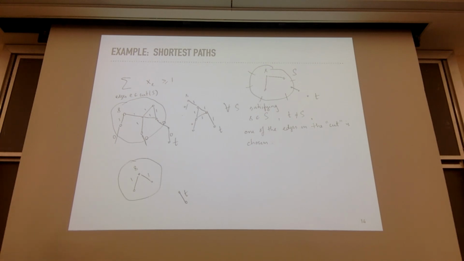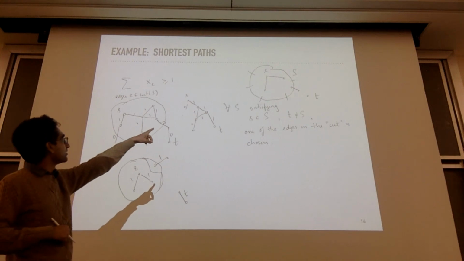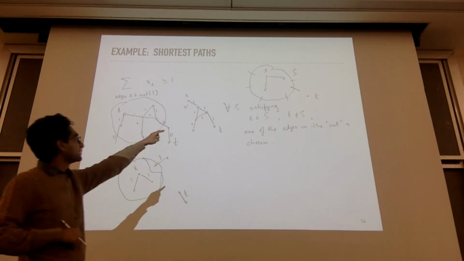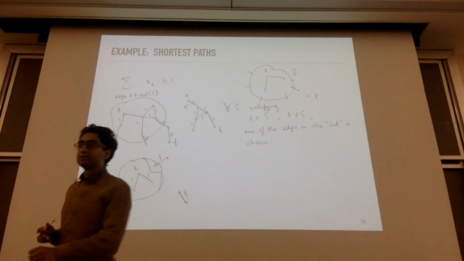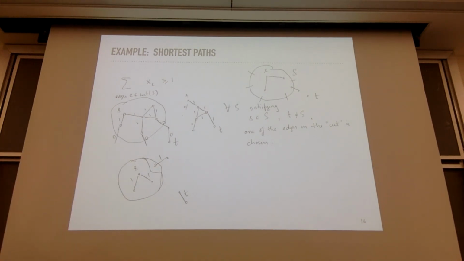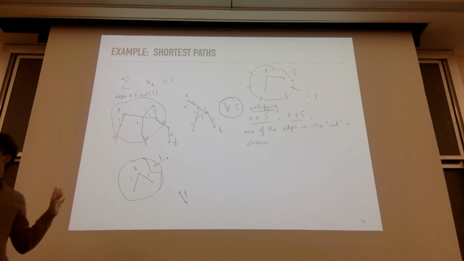And maybe there's another vertex inside of the S bubble that goes to T, but it's not actually connected to the other vertices. In this picture, you're saying that this guy, right? Okay, but then I exclude this vertex. So this is why you need this constraint for every set S satisfying that S is in the set and T is not in S.